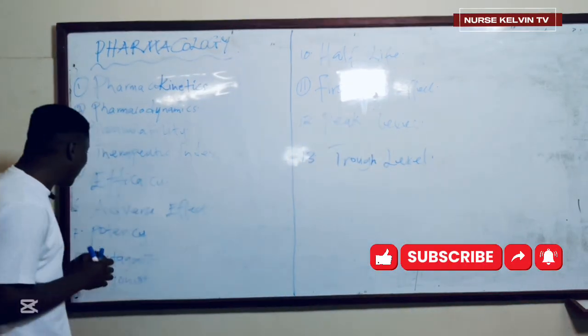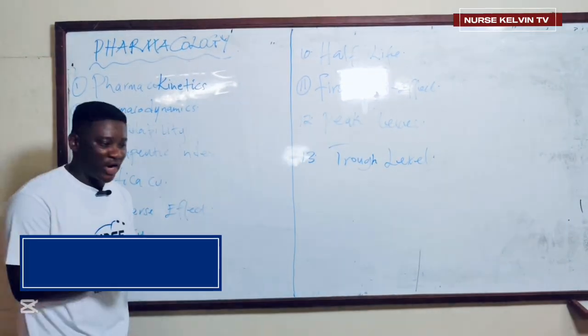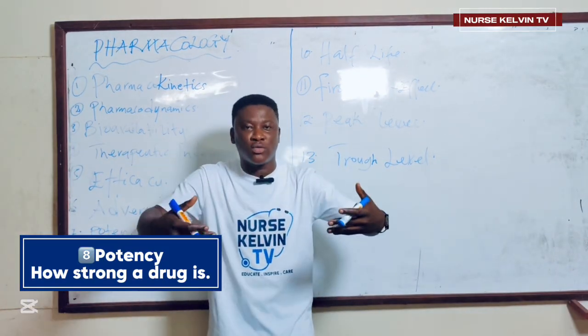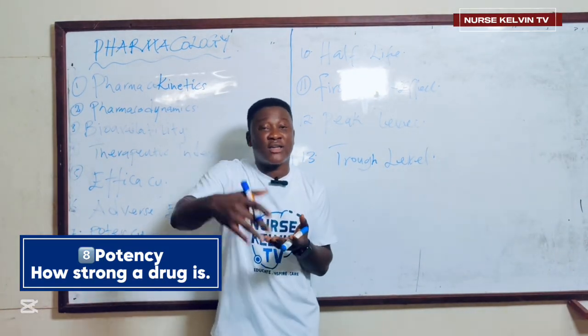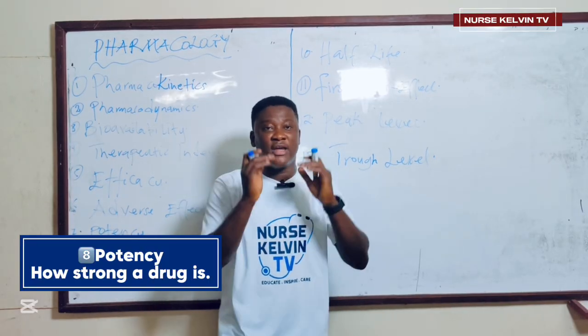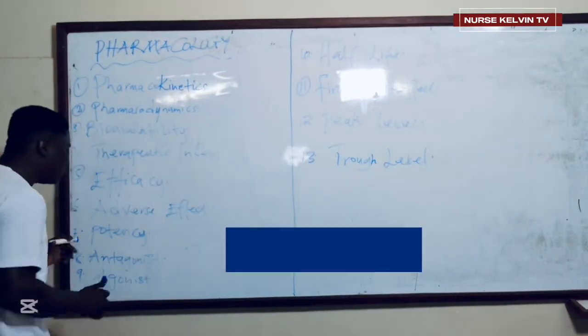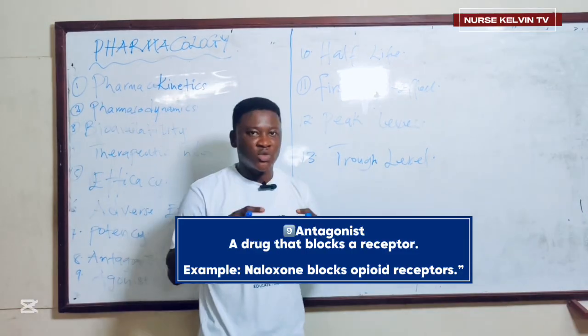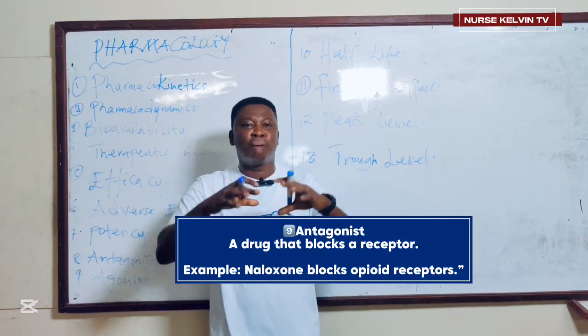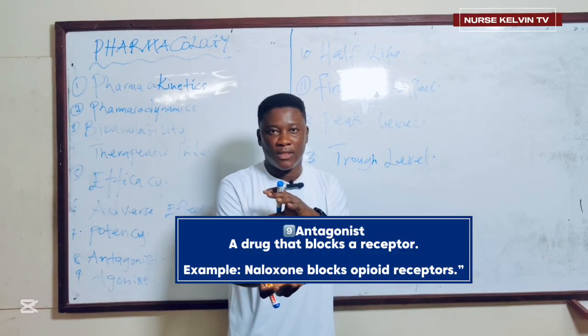Then the next one is the potency of a drug. When we talk about potency, we talk about how strong the drug is. So that drug that you are going to administer, how strong is the drug? That's the potency. Then we have antagonists. When you hear of antagonists, they are drugs that block receptors.